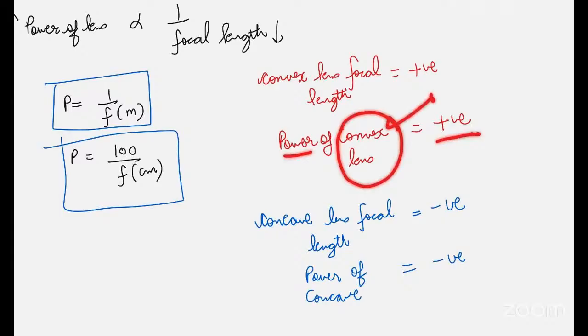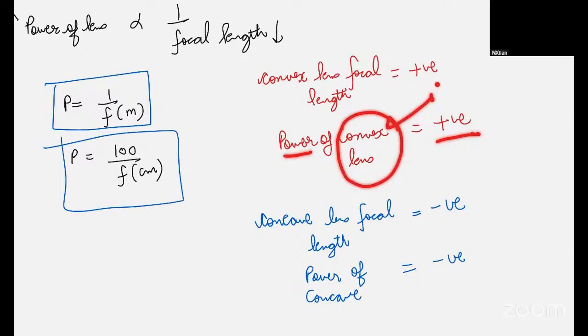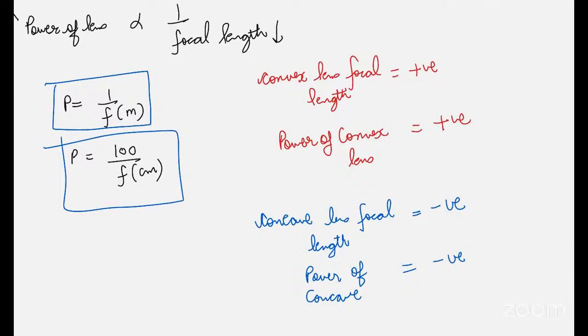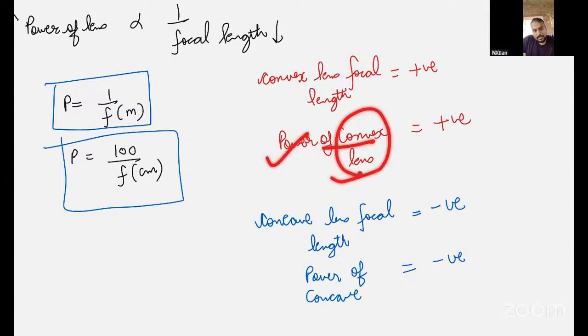Let me complete this. Positive eyes means plus 5, plus 2, plus 3 eyes will have a positive power lens, hence convex lens. Simple as that. Keep that in mind.